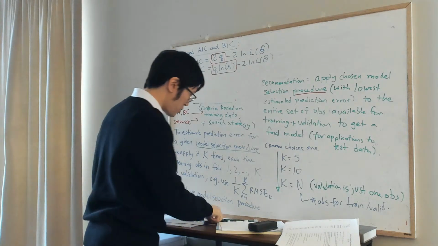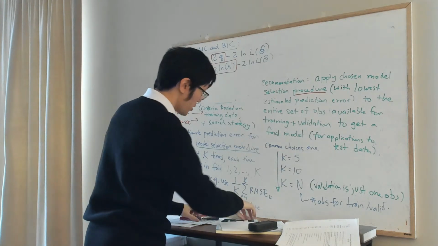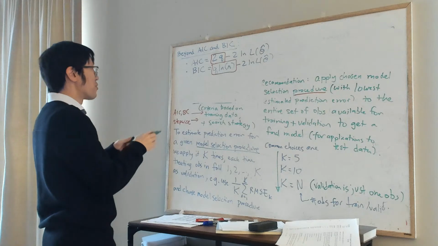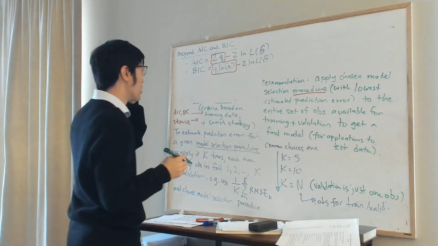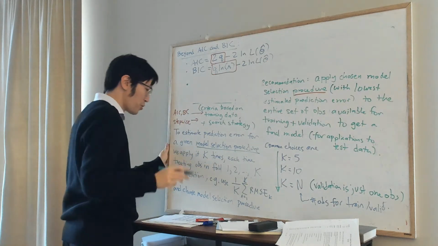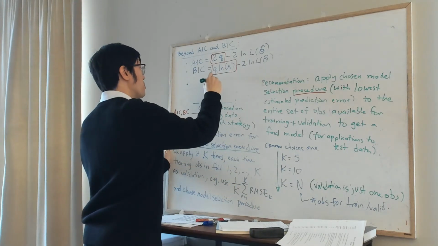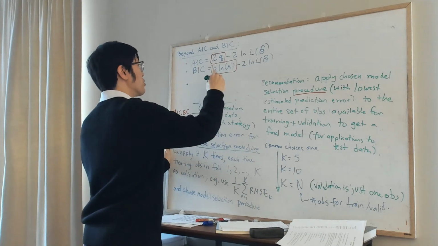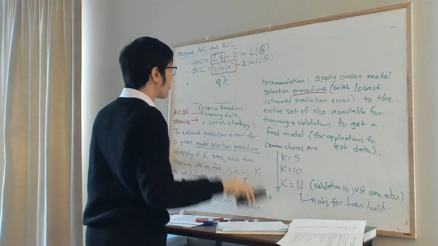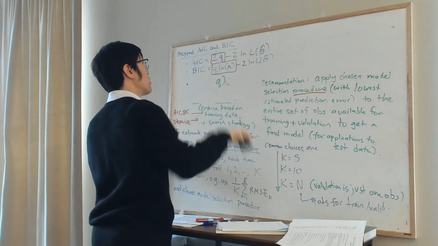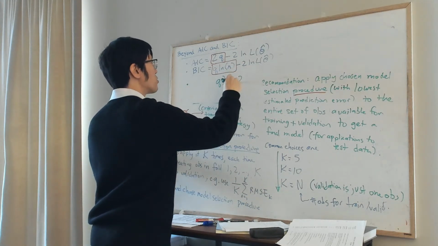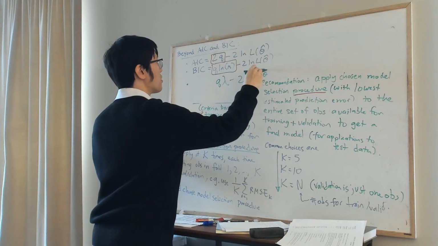So a natural extension to that is that we can impose an arbitrary penalty here. So for example, we can do Q times, let's just put some penalty parameter here, let's call it lambda. Q times lambda minus 2 log likelihood.